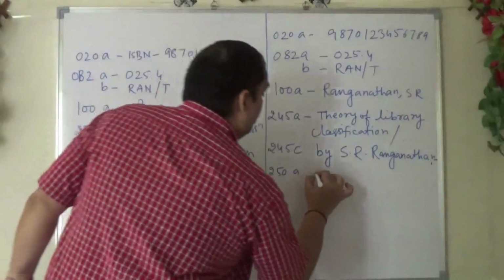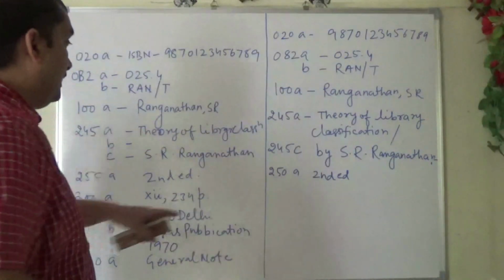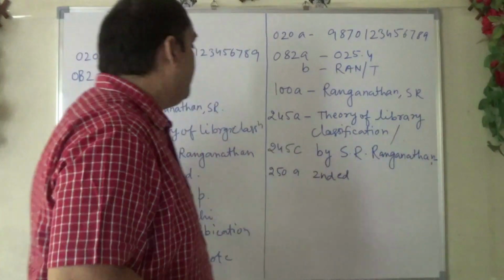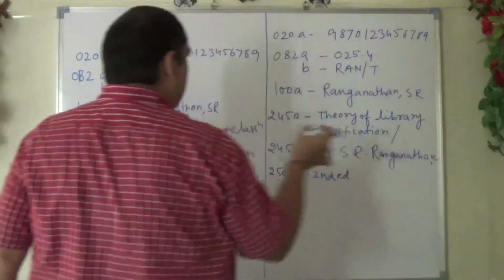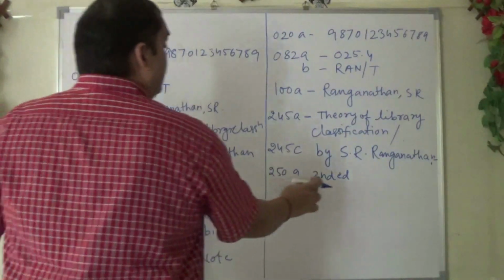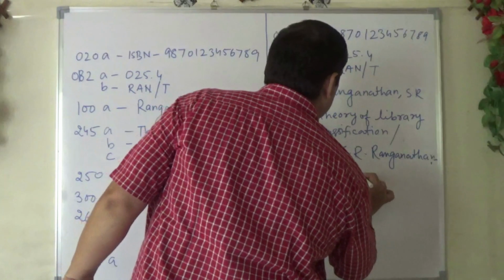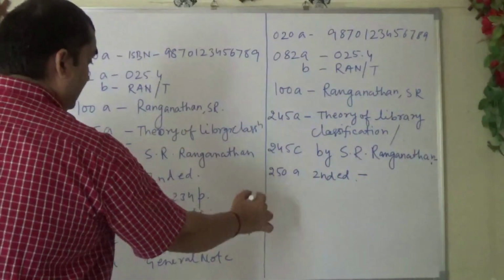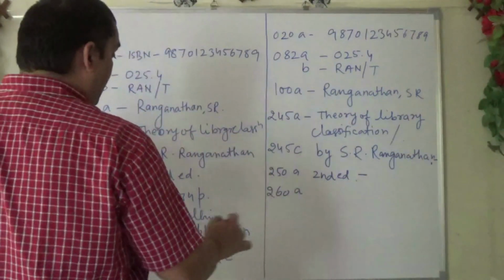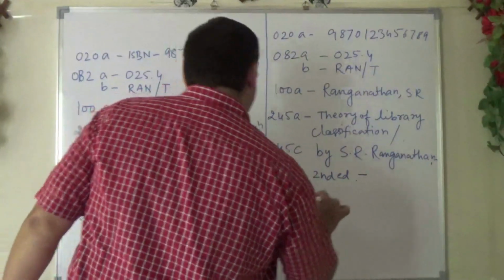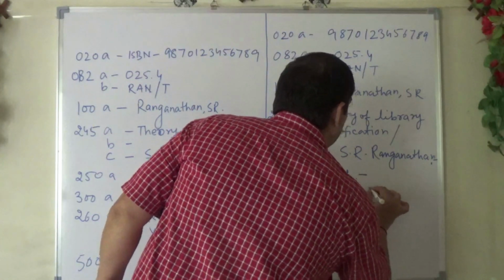So what will happen when we enter second edition? Immediately after the statement of responsibility, it will be separated by dot space dash or hyphen. Second edition, again we will add punctuation here, dot space dash, and then in 260A we write the place of publication. So here we have to write New Delhi.